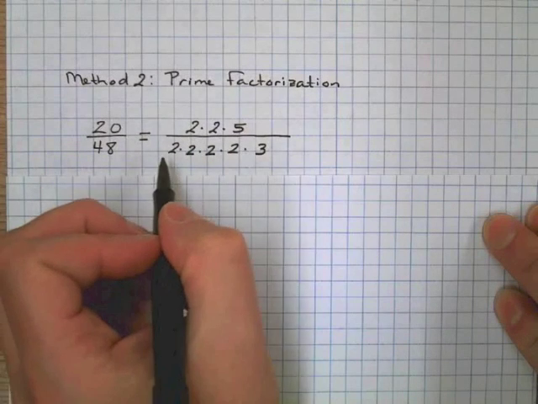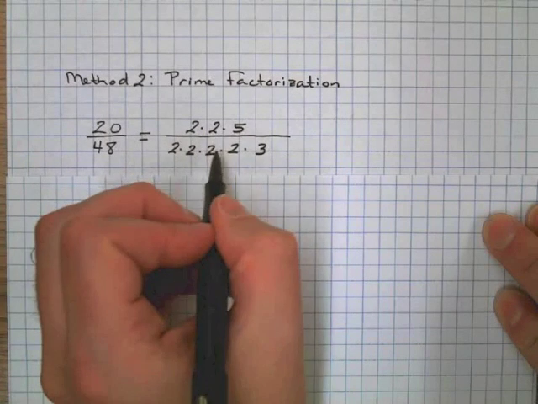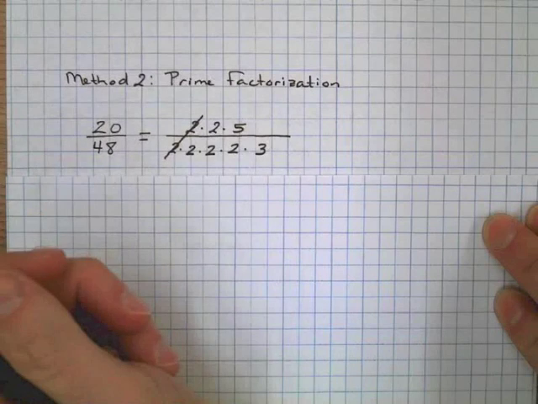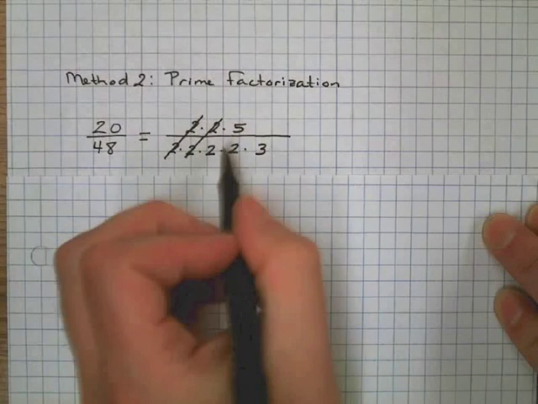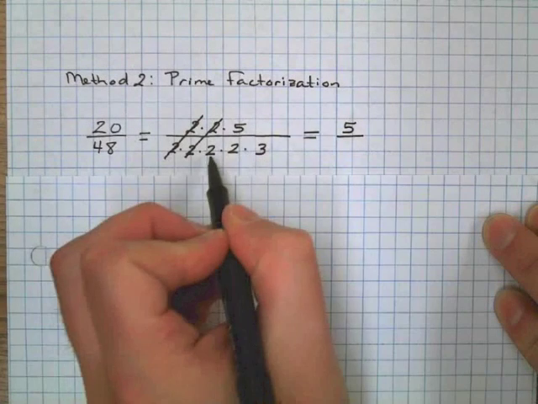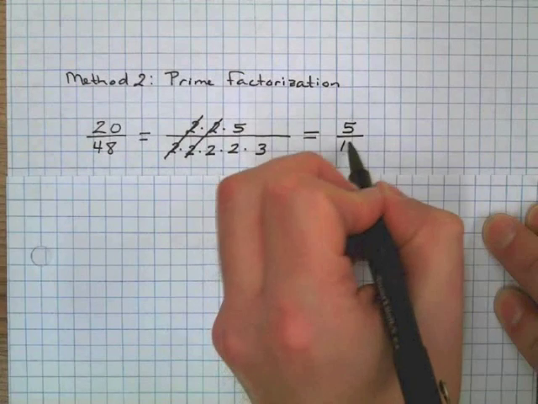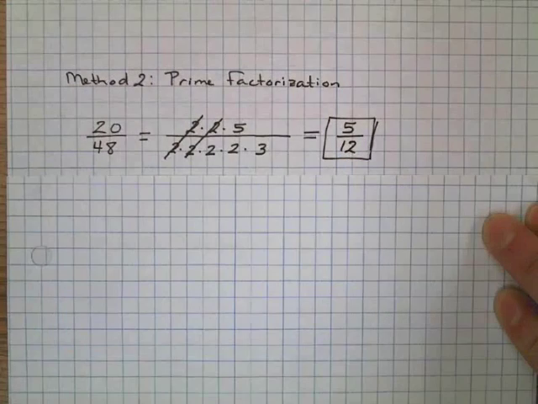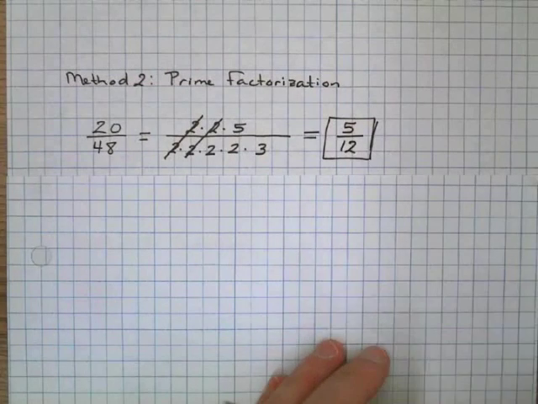So we can think of these as 2 over 2, 2 over 2, and 2 divided by 2 is just 1, so we can cross those out. Now we have nothing else in common. We have 5 over 2 times 2 times 3, which is 2 times 2 is 4, and 4 times 3 is 12, and I'm left with 5/12. So I can use prime factorization to come up with my simplest form as well.